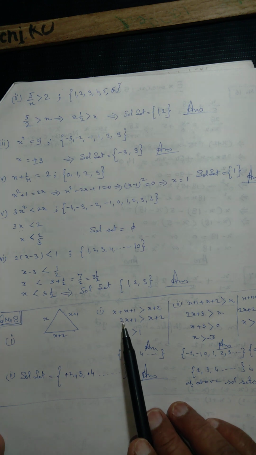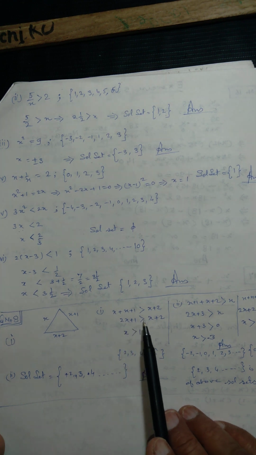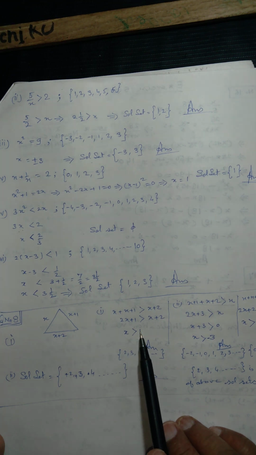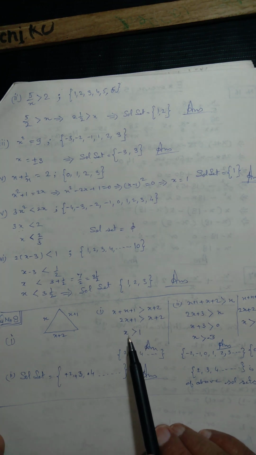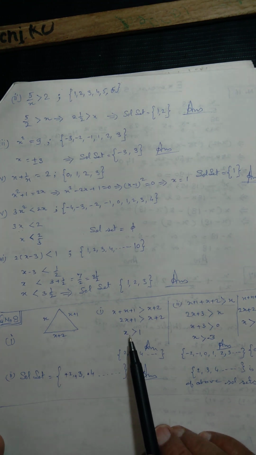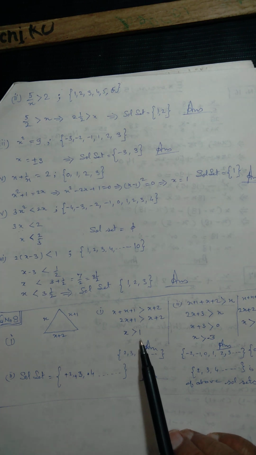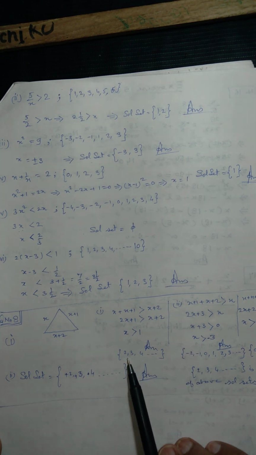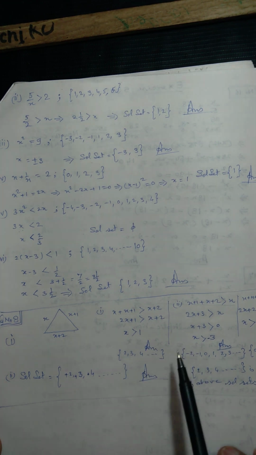I have solved it. 2x plus 1 is greater than x plus 2. Ultimately x is greater than 1. So the solution means the value of x will be 2, 3, 4 and so on, greater than 1.